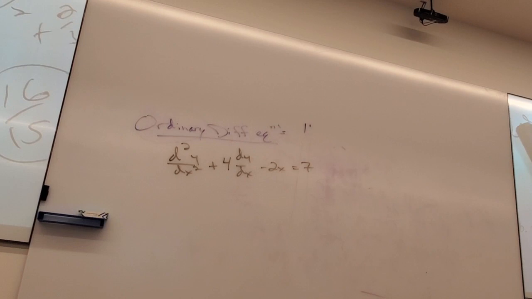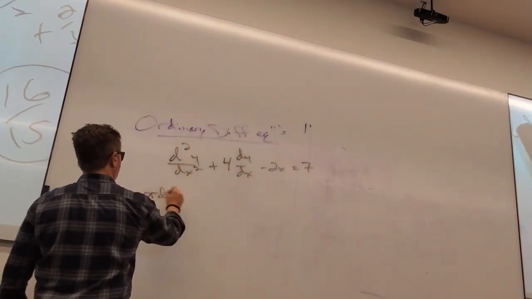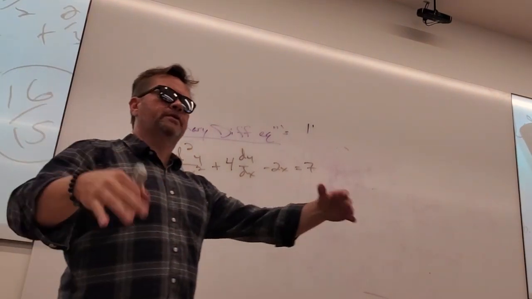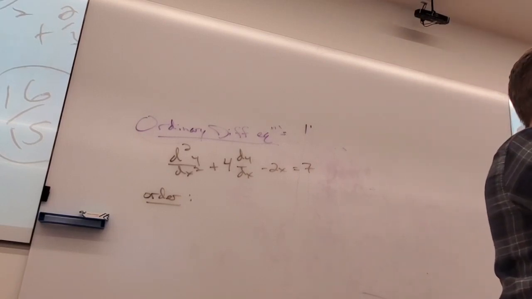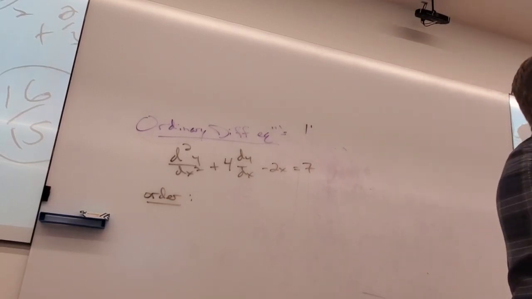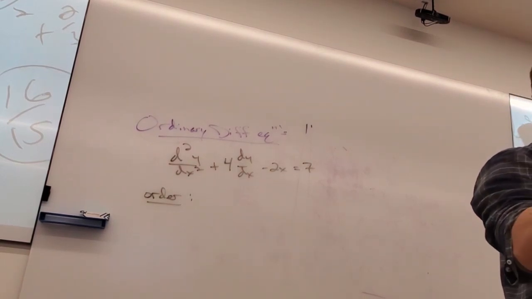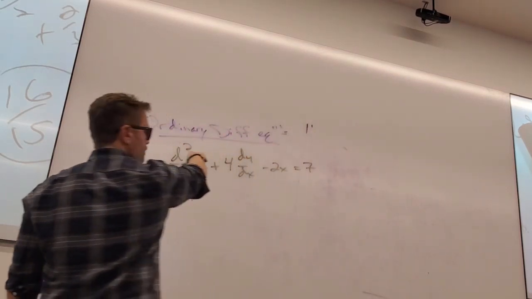When I talk about the order of a differential equation, what rules the day in a differential equation? The derivatives. So the order is related to the degree of a polynomial. What does your gut tell you the order of this differential equation is?